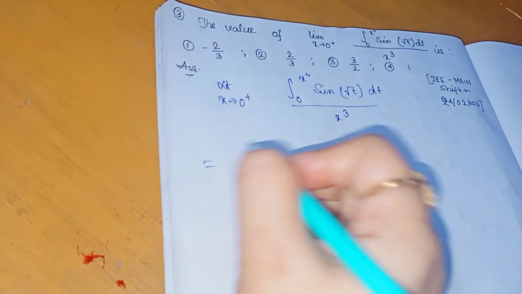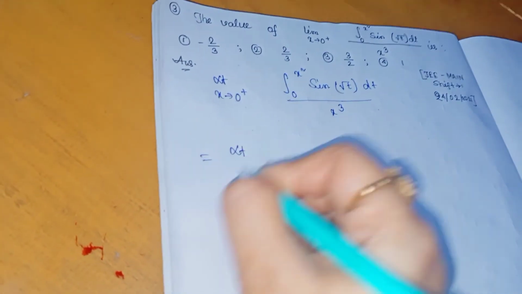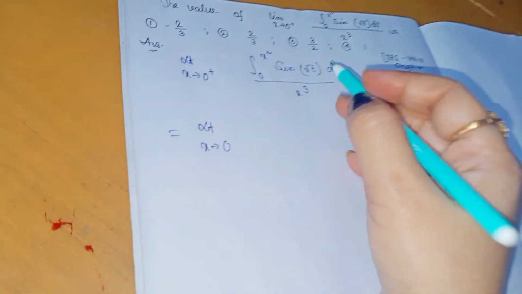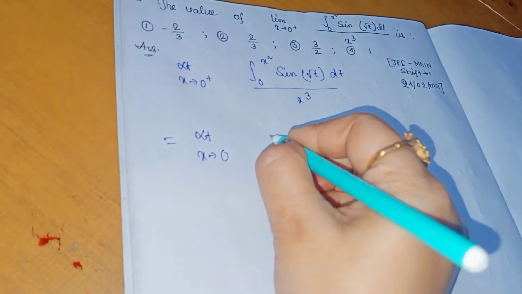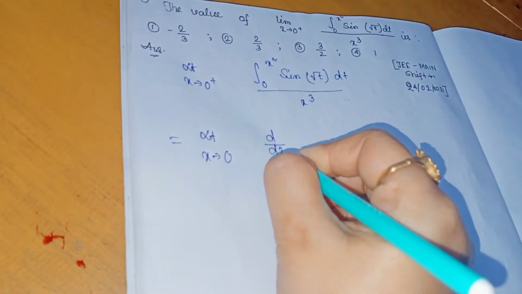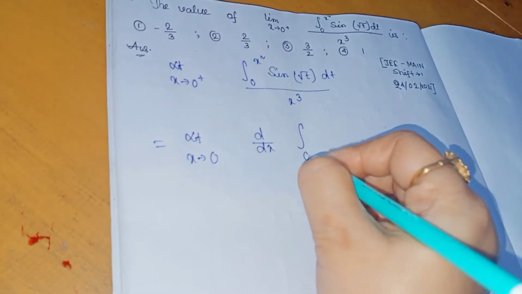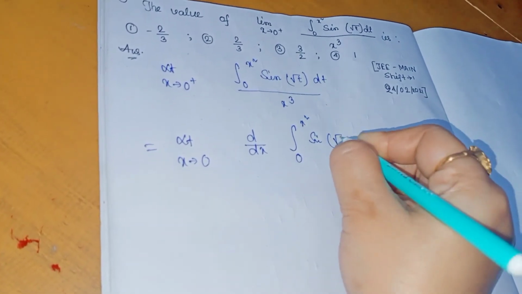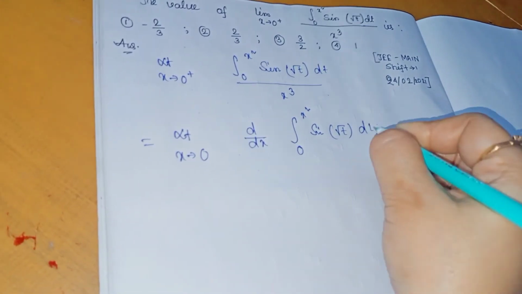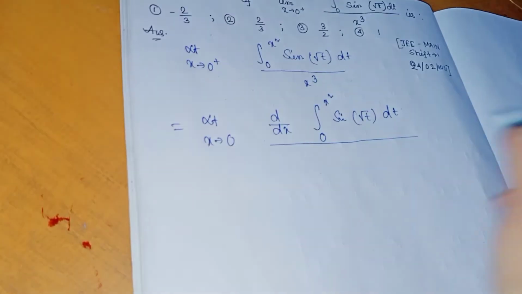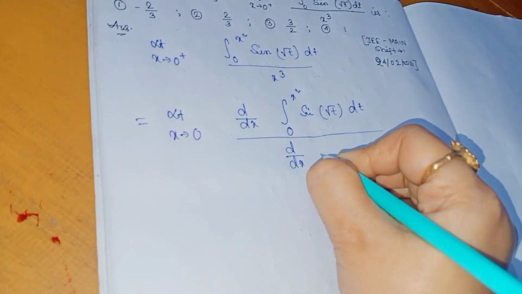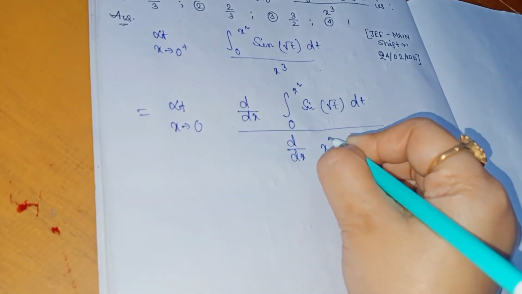So here we get the limit as x tends to 0, differentiating the upper limit, d dx of the integration from 0 to x square of sine of root t dt, divided by the differentiation of the denominator x cube.